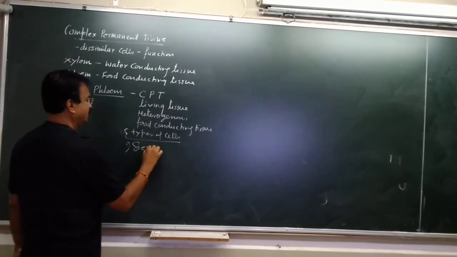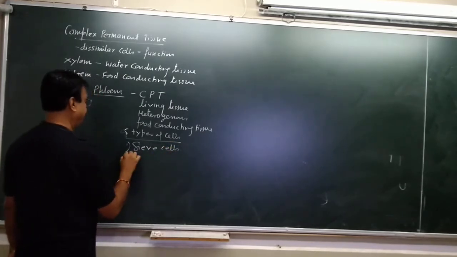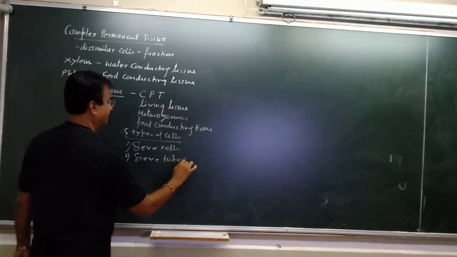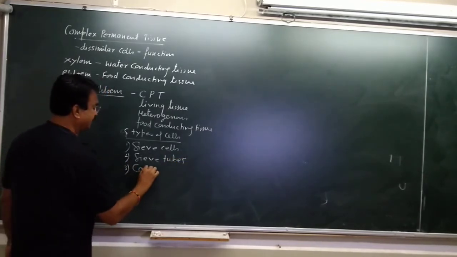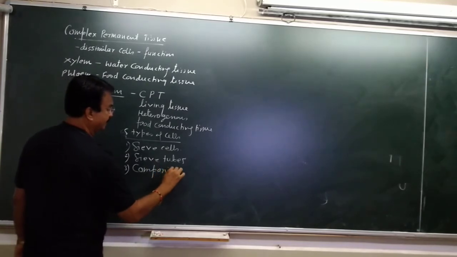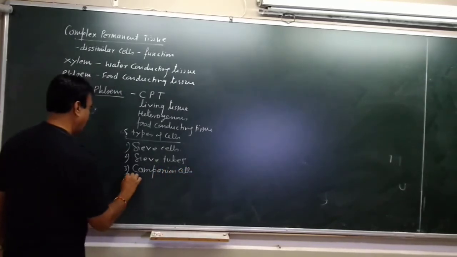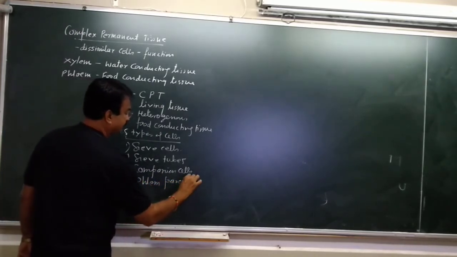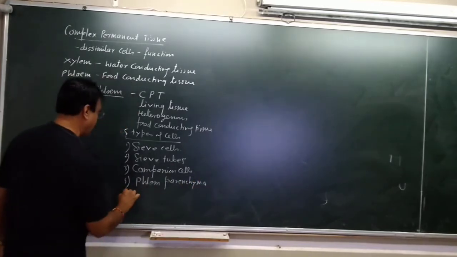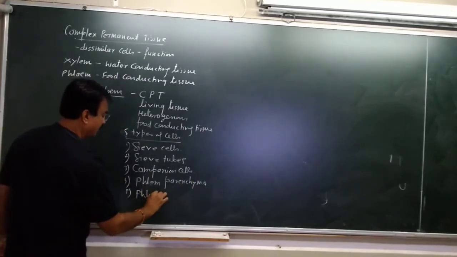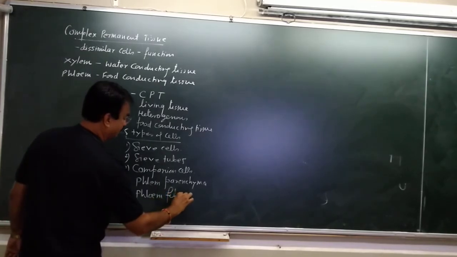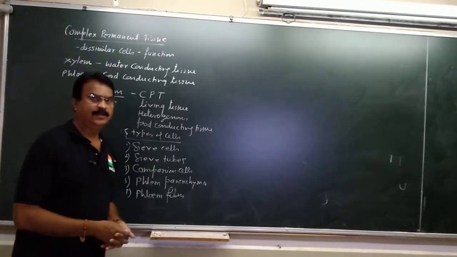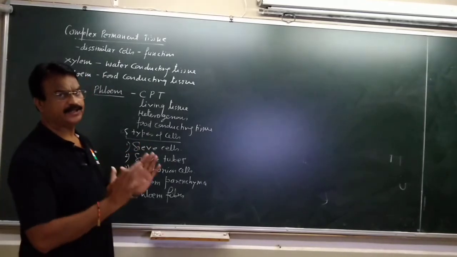That is sieve cells, sieve tubes, companion cells, phloem parenchyma, and phloem fibers. So five types of components are there. Together they form a complex permanent tissue, and the function is conduction of food material.